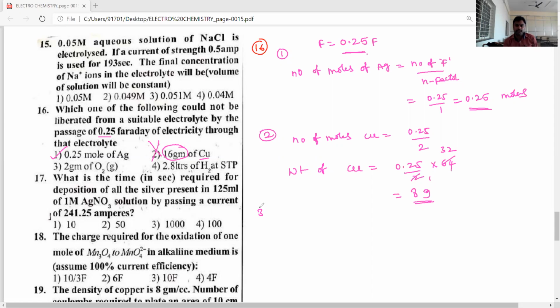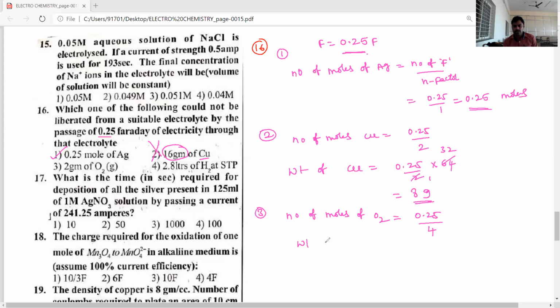Now let's see the third. Though we got the answer, we'll still check the third and fourth options also. 2 grams of O2, is it liberated or not? The number of moles of O2: each oxygen atom n factor is 2, so O2 n factor is 4.